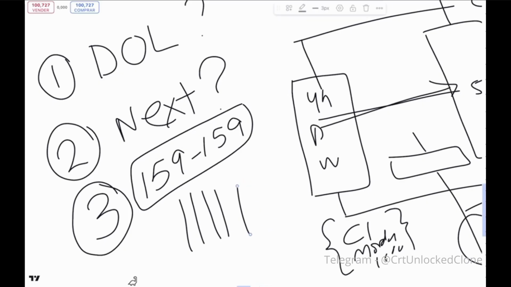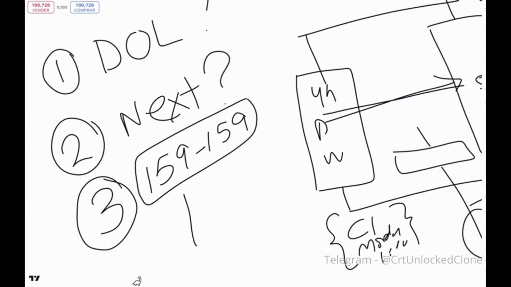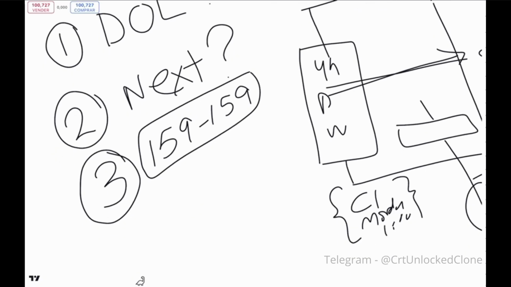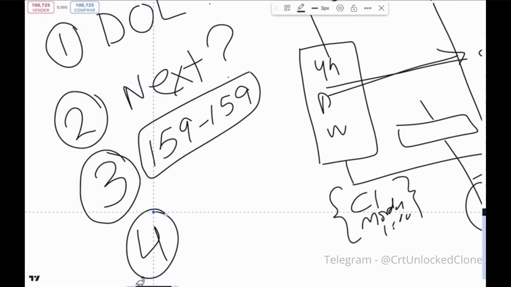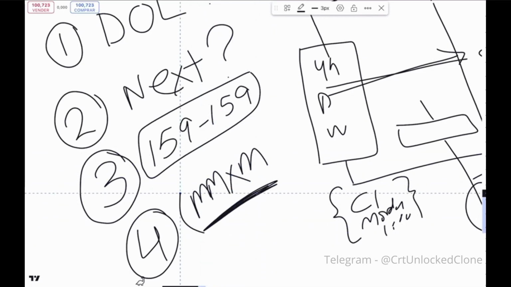In SOT, shadowed SOT, and it gives a meaning to MMXM, right? It's an entire system by itself. It gives a logical meaning to market maker models.